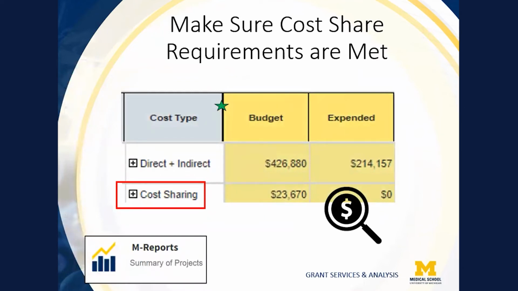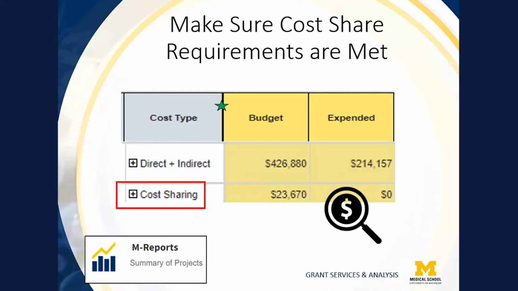The second column that you're going to want to pay attention to is a column called cost type. For most of your projects, you're just going to see direct and indirect showing there. But if you scan down and you see a cost type that says cost sharing, that's going to help you identify your projects that have cost sharing requirements or commitments on them.